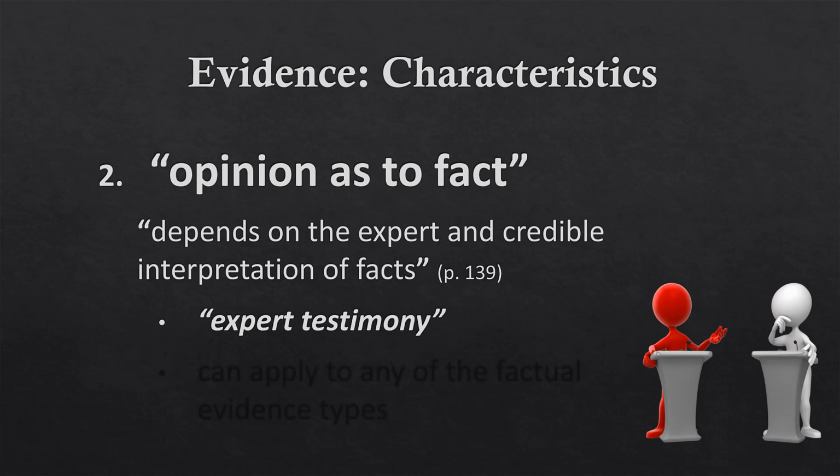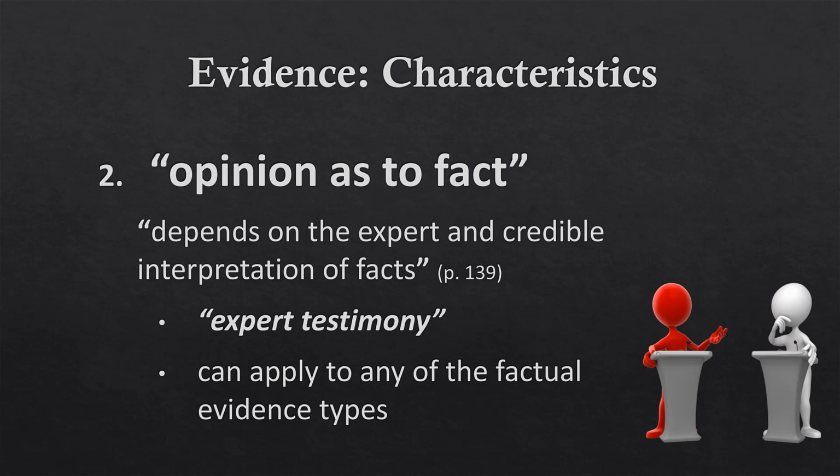We have folks that have specific knowledge, specialized experience in a particular area relevant to the facts that are being talked about. And so expert testimony can apply to any of the factual evidence types.